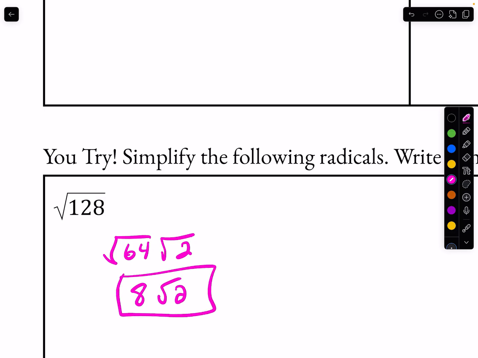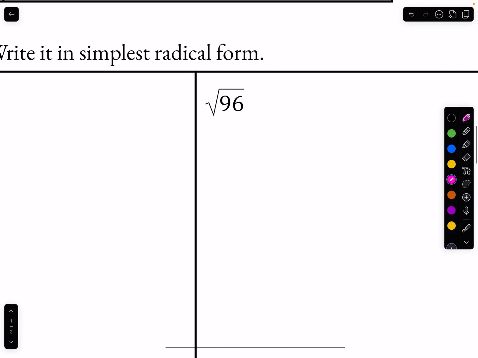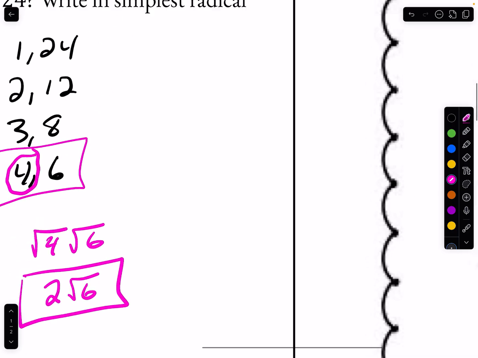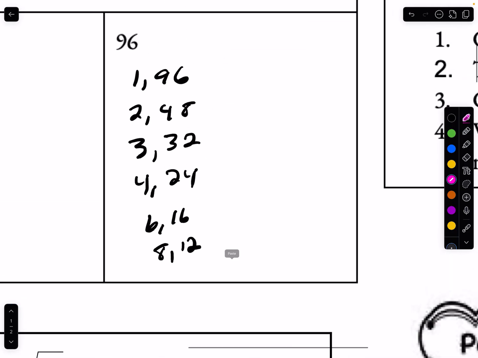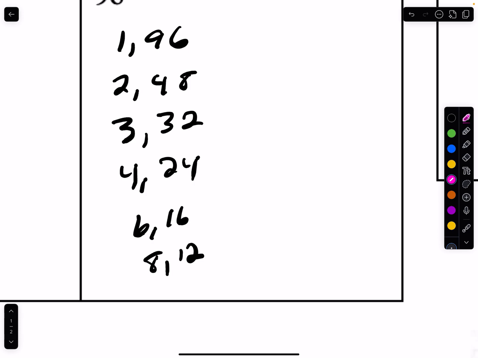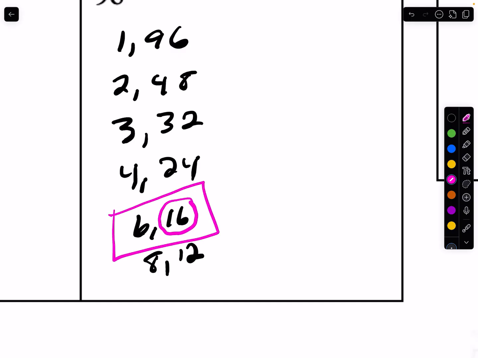Let's take a look at the square root of 96. Now, 96 also has a lot of factor pairs. What are the perfect squares? Here we've got 16. It's the only one, so this is the factor pair that we'll use.